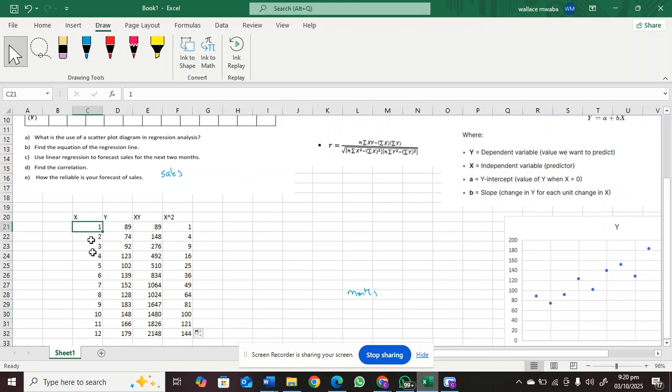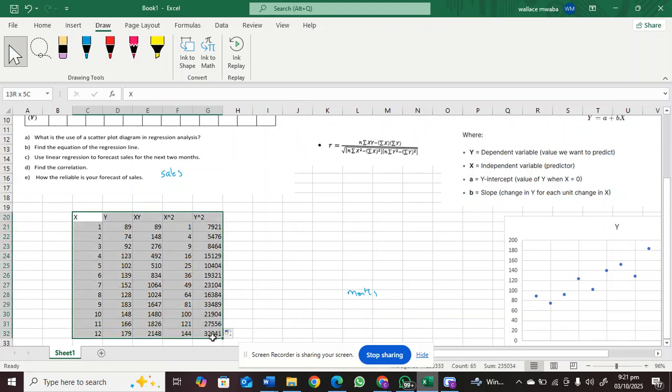Then also for y, all the values of y, you're going to square them too. Each value of y, you square it. Those are the first things that you need to do.